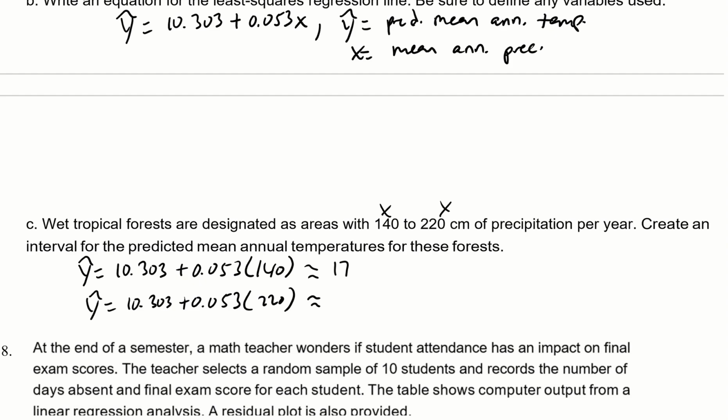If I plug that in, I get about 17.723 degrees Celsius and then 21.96 degrees Celsius. So my interval is from this to that.